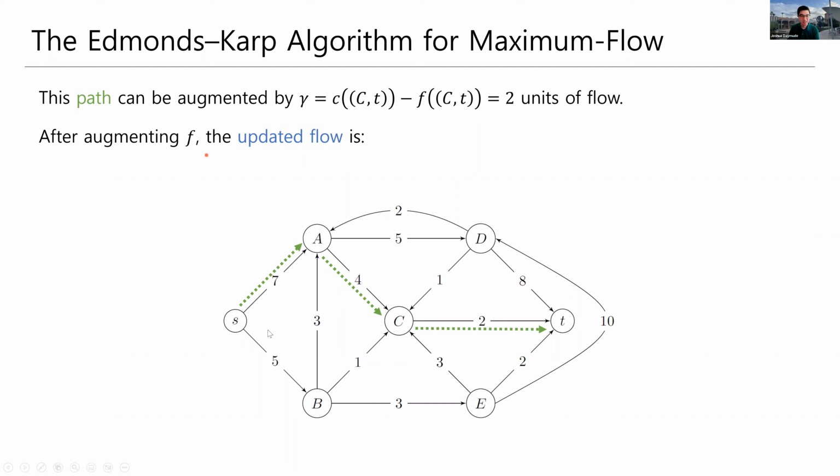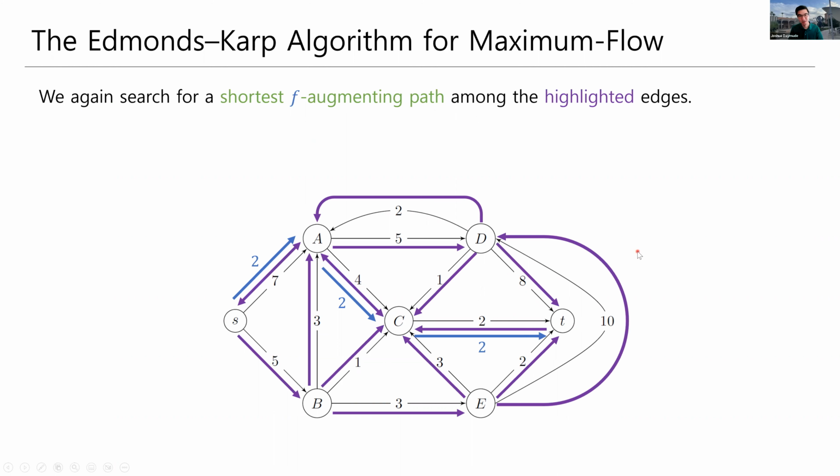So augmenting f by this 2 flow that we're going to push through, we end up with an updated flow that looks like this. We're pushing 2 all the way through. All right, but now that we have a flow, the edges we're allowed to use are different. So everything that's not next to a blue arrow is the same as it was before, but we need to look at what's going on with the blue arrows now.